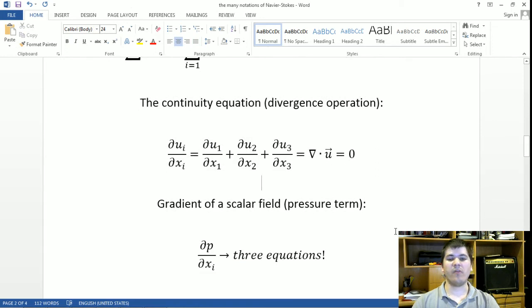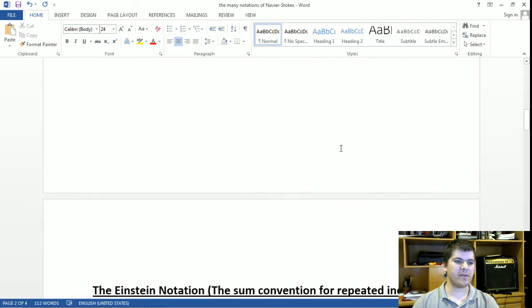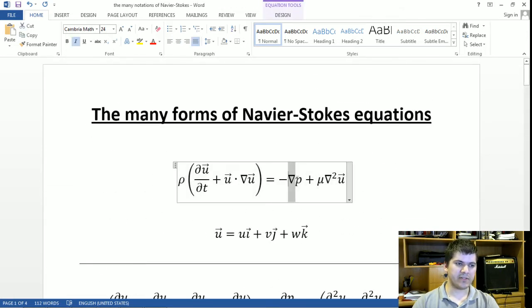Now the gradient of a scalar field, for example, the pressure term in the Navier-Stokes equation. How can we express it using Einstein's notation for differential equations?